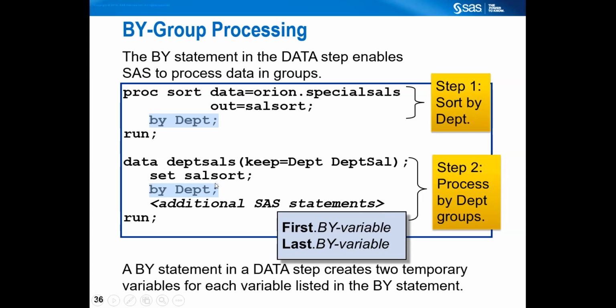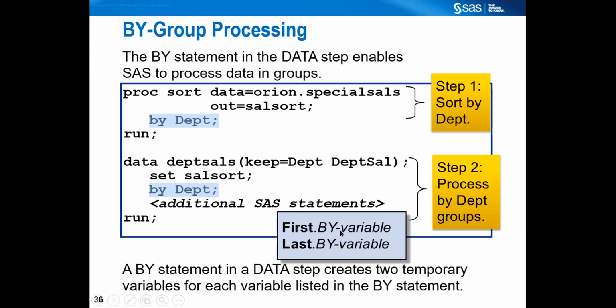Okay, so always make a note. Whenever we write a by statement within your data step, there are always two temporary variables created in the PDB. It's a logical understanding that in the PDB we'll be getting two by variables if we write a by statement in the data step. Those by variables are first dot by variable and last dot by variable.